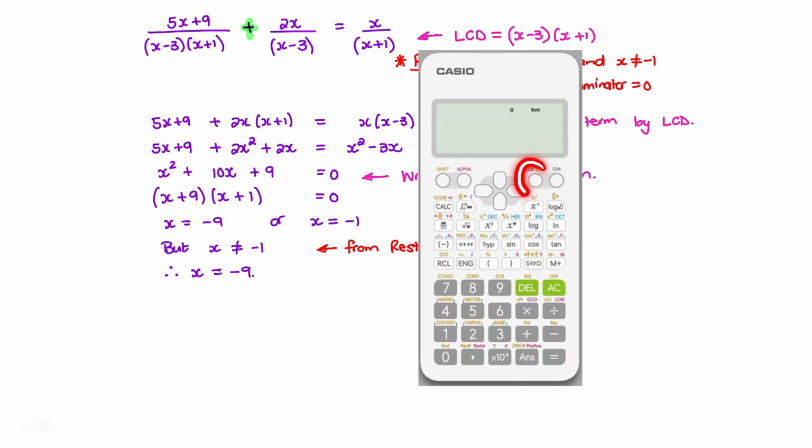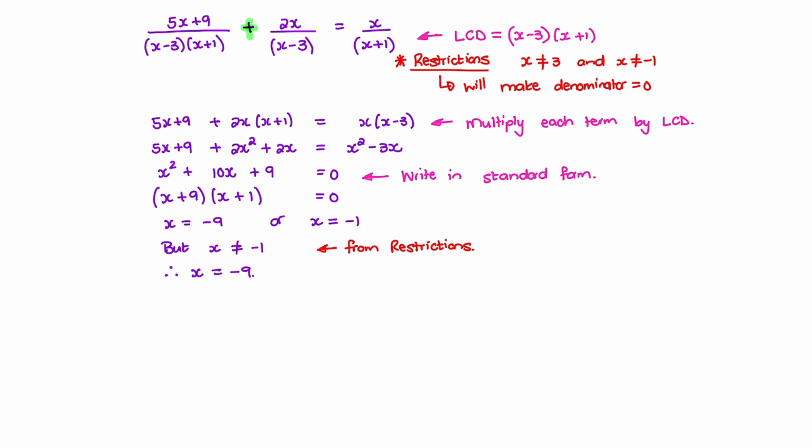Alternatively, you can use your calculator, and you can use mode 5 and then 3 in order to find the two values of x. So now when you have your factors or your quadratic formula, you see that x is equal to negative 9 or x is equal to negative 1. That satisfies this equation.